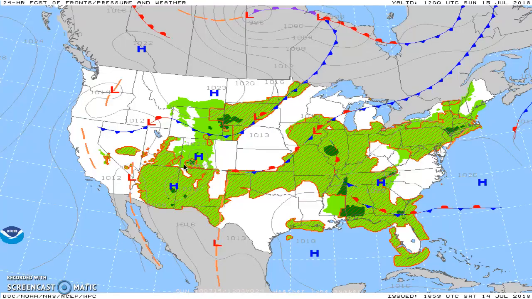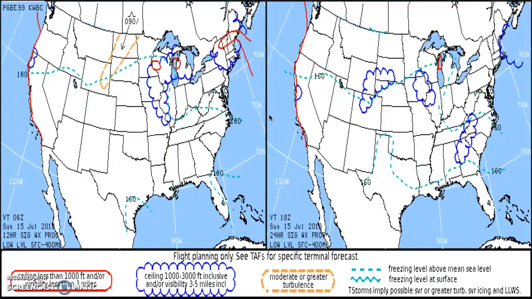Here's a surface analysis chart valid from 1200 Zulu. Looks like the cold front that we mentioned earlier would have moved through Grand Forks. It's supposed to get pretty cooler than it has been, and that's the reason why. Here is the low-level prog chart. The only thing we might have to worry about is moderate or greater turbulence, up to 9,000.